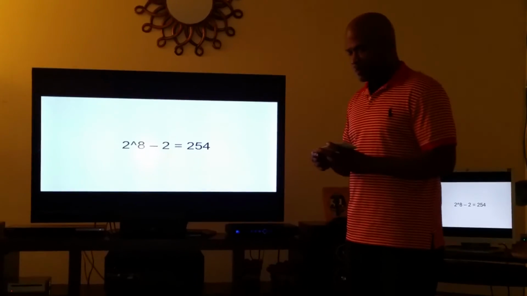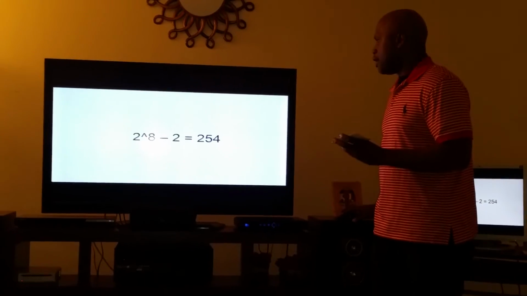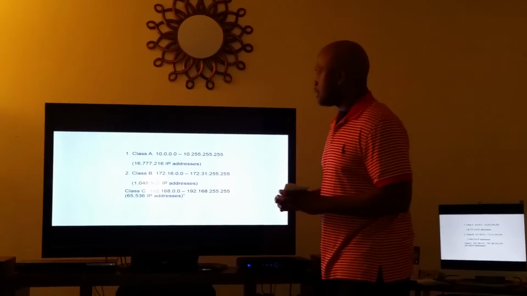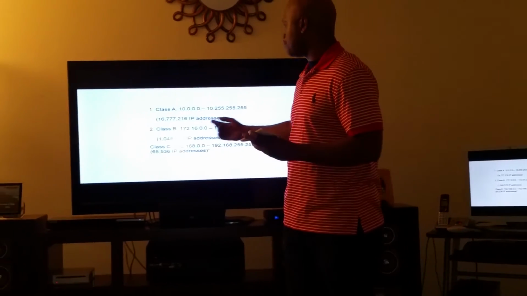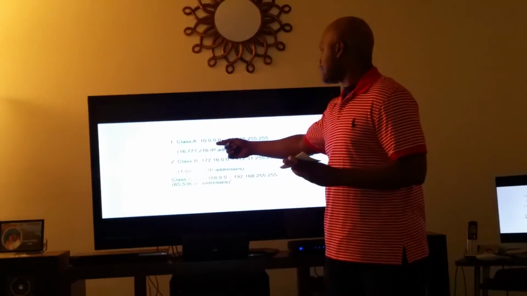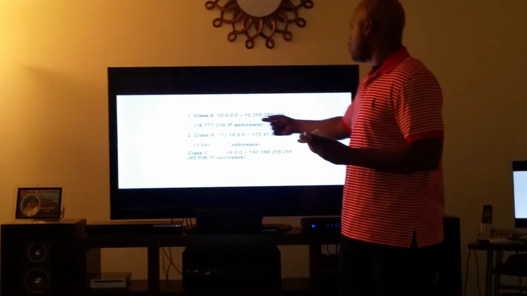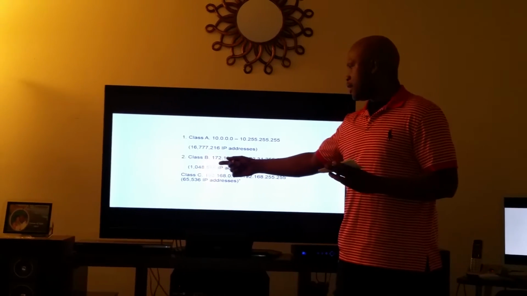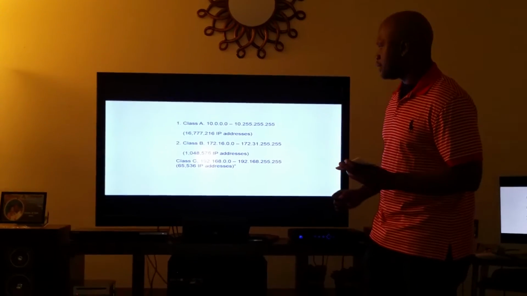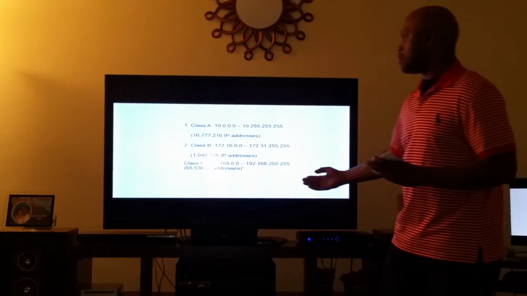There is also a website that will help you with the addresses and the classes once you identify all your hosts. If you have a Class A subnet, you would have to use this address range. For Class B, you would have to use this address range. And for Class C, you will have to use this address range.